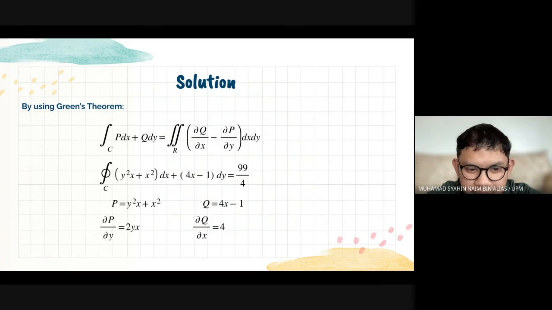For the P equation, y squared x plus x squared, we differentiate it, we call it ∂P/∂y, so it is equal to 2yx. For Q we differentiate with respect to x, so ∂Q/∂x is equal to 4.